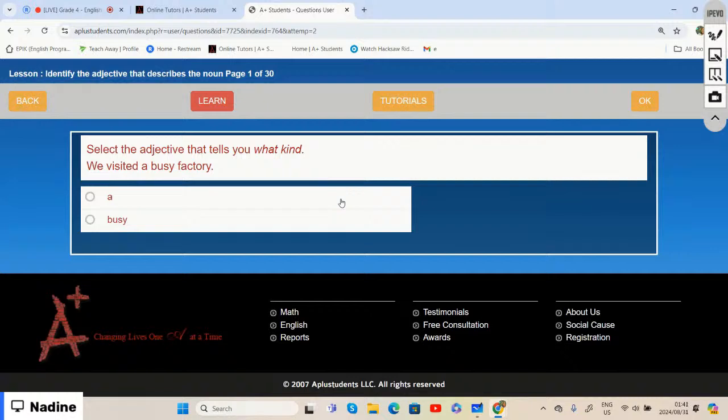All right, so we need to select the adjective that tells you what kind.